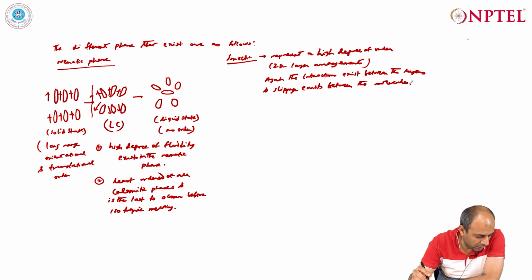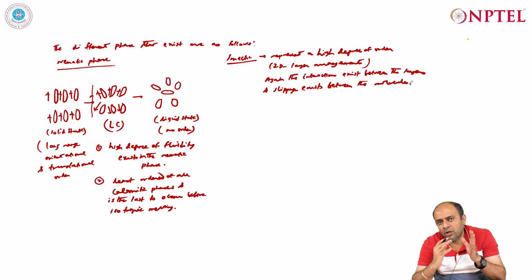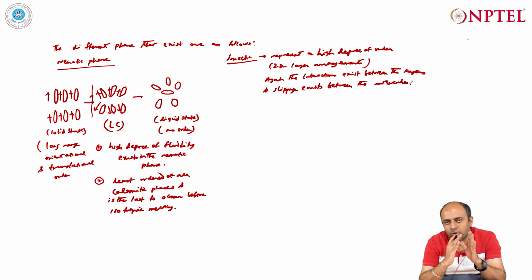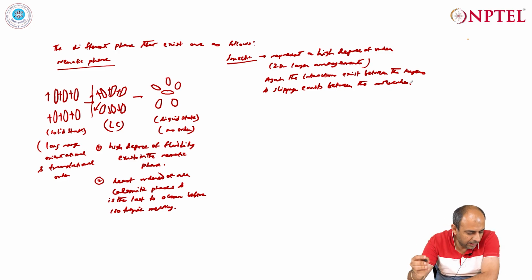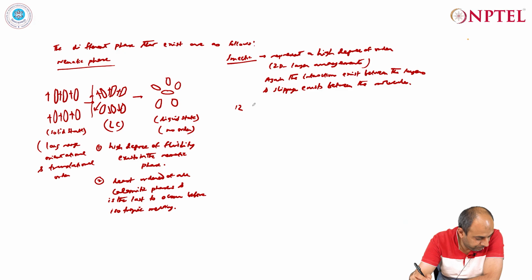Now, overall what has been observed is that these smectic phases are actually obtained by slight changes in the orientation of the molecules which pack the liquid crystal state, and it has been observed that 12 different phases exist.